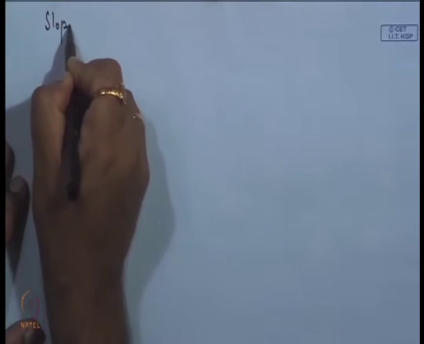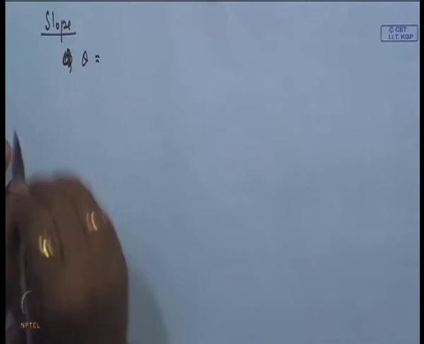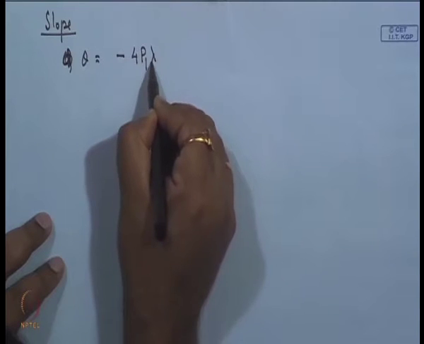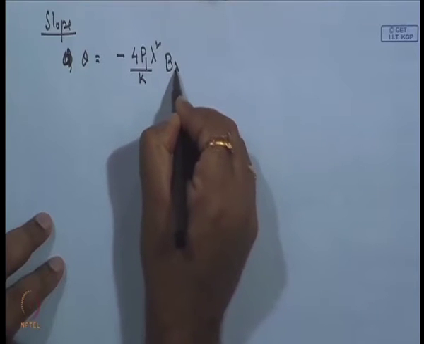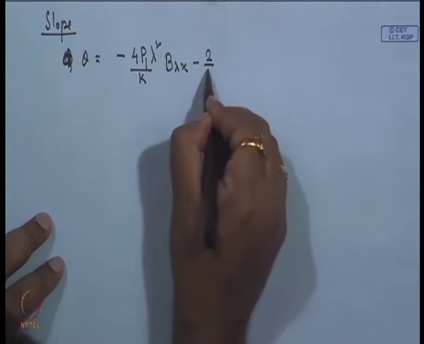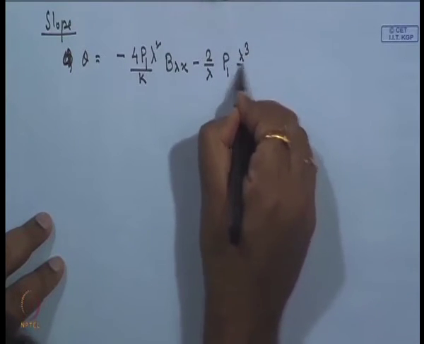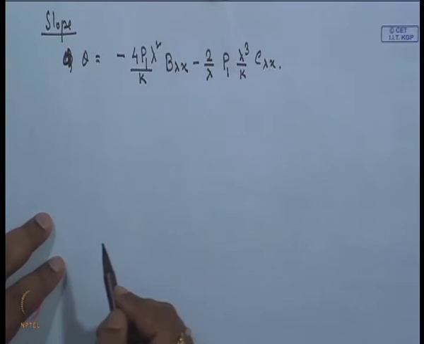Similarly, if I want to determine the expression of the slope, then the slope expression theta will be equal to minus 4 P 1 lambda square by k into B lambda x minus 2 lambda P 1 into lambda cube by k C lambda x.